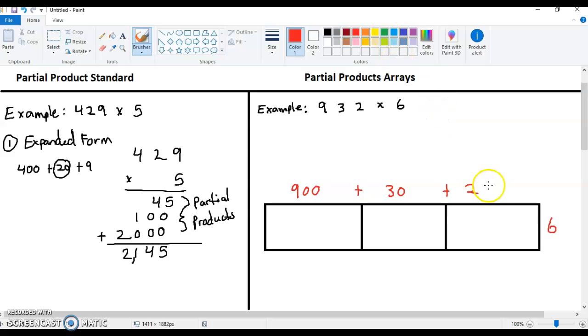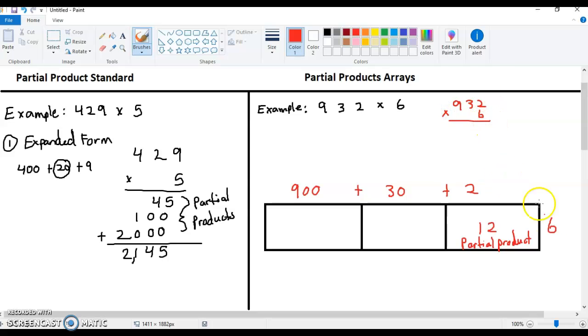So the first one, when I multiply times the ones column, 6 times 2, we know 6 times 2 is 12, so I put the 12 right there. That's my first partial product. And then I'm going to multiply 6 times 30, because remember, it's 932 times 6.